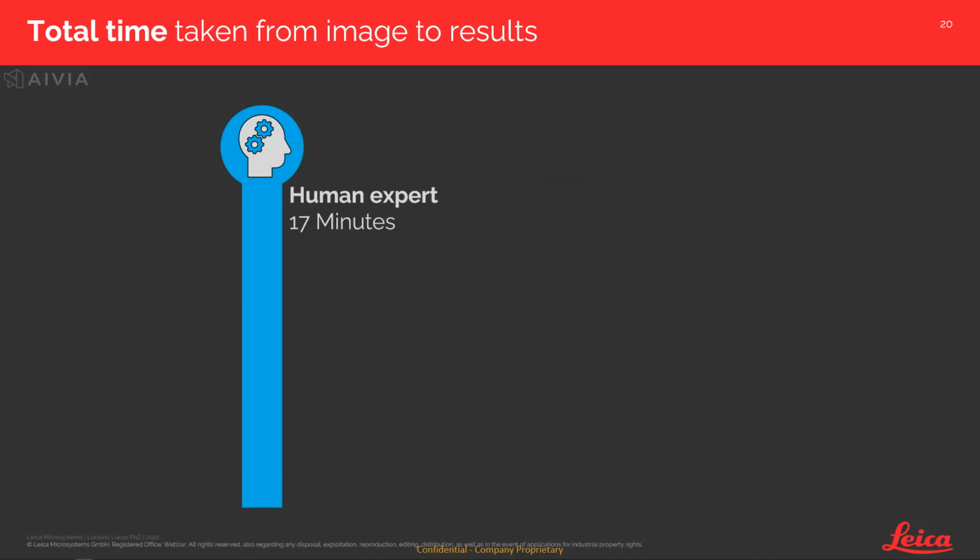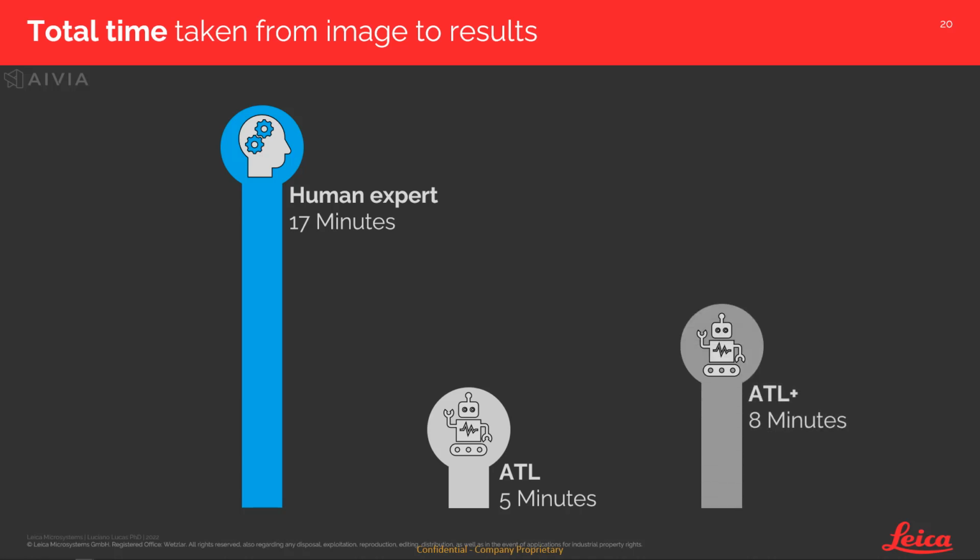So, moving into results. For those images that I showed a moment ago, it takes about 17 minutes per image on average for a human expert to get to the right result. For Aivia That Learns, it takes about 5 minutes to achieve a good result. But to get to the same level of quality as the human expert, it takes an additional 3 minutes.